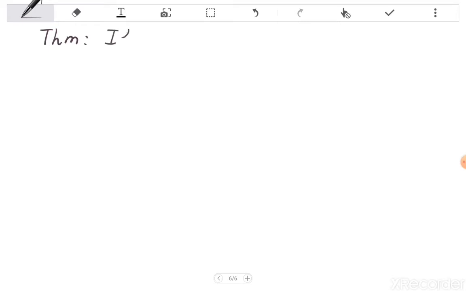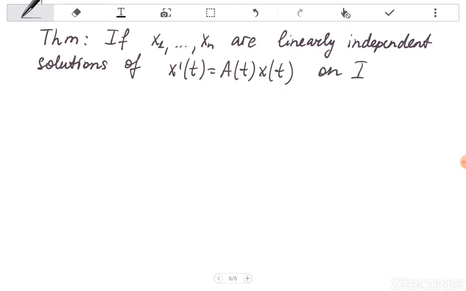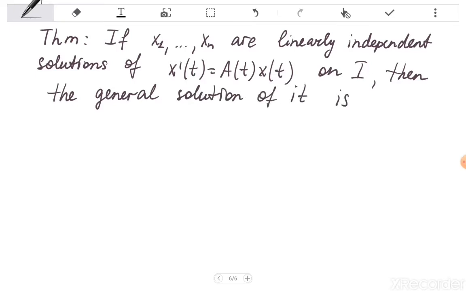So if x1 and so on xn are linearly independent solutions of the system, the homogeneous one, on some interval I, then the general solution of this system is a linear combination of these linearly independent solutions.